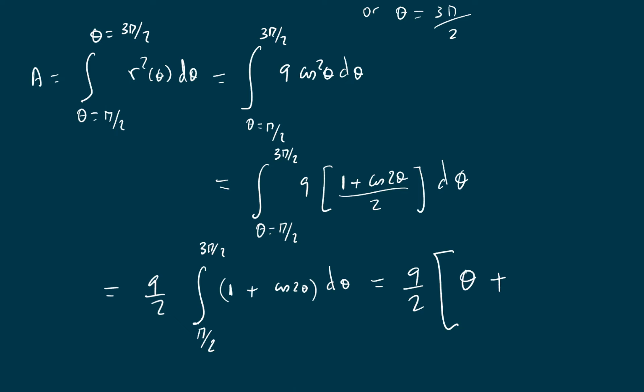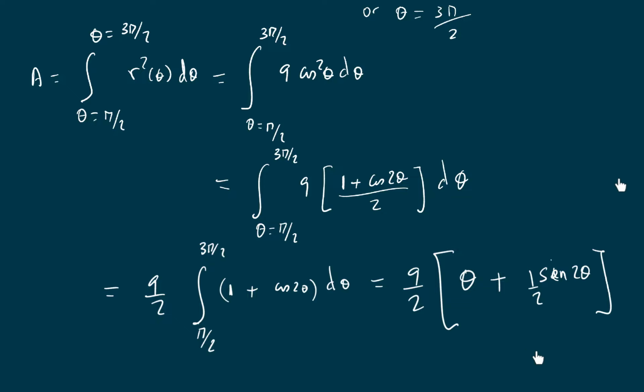What is the antiderivative of cosine of 2 theta? Sine of 2 theta has derivative cosine of 2 theta multiplied by 2. So 1 half of sine of 2 theta is the integral of cosine of 2 theta. Because it doesn't have any 2, I will divide by 2, and now the derivative will be okay.